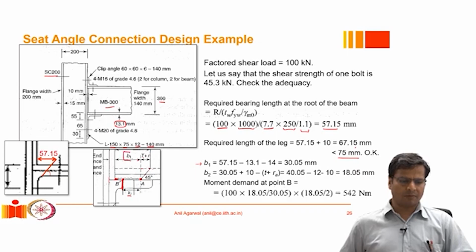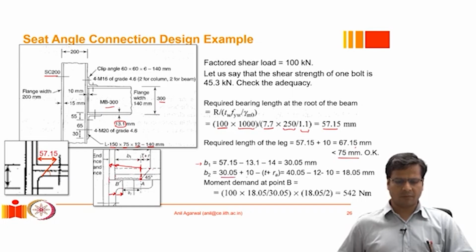We already know the B1 value. B1 is also the distance between the point over which the stress is distributed and the end of the beam. So now, in order to calculate B2, first we use B1, then we add this gap to it so we know the full distance. Then from there we deduct the thickness of the angle and then deduct the radius of the fillet. Okay, so that's what we do.